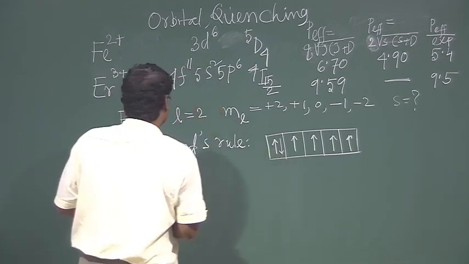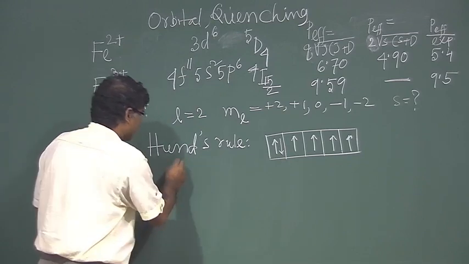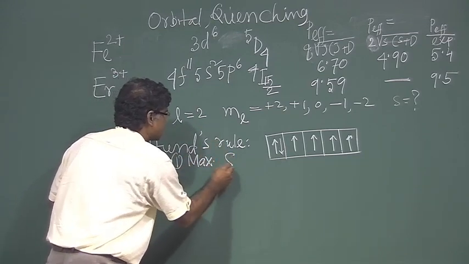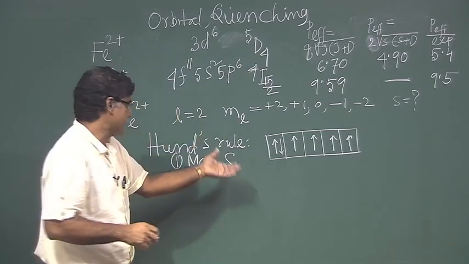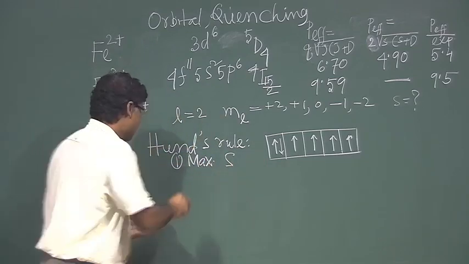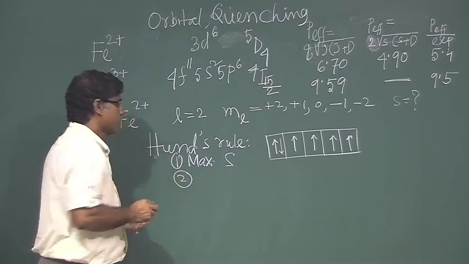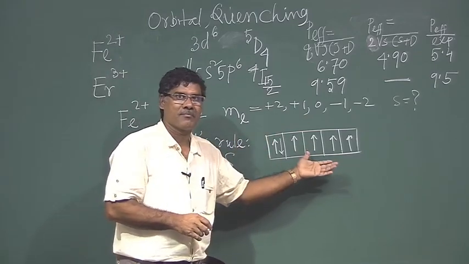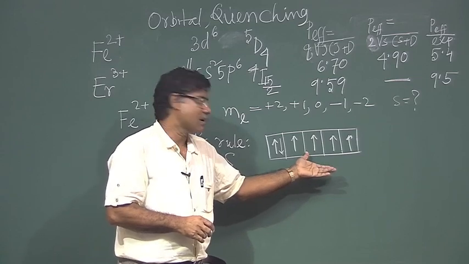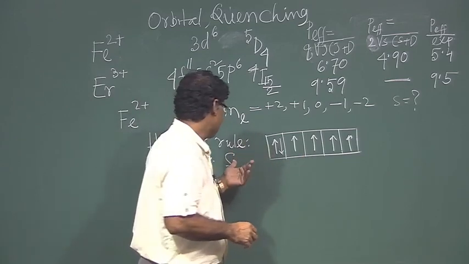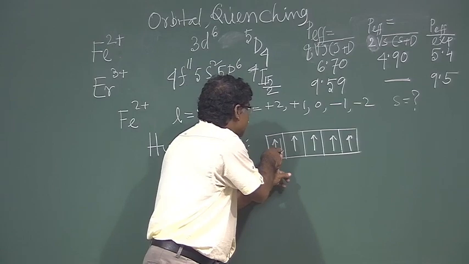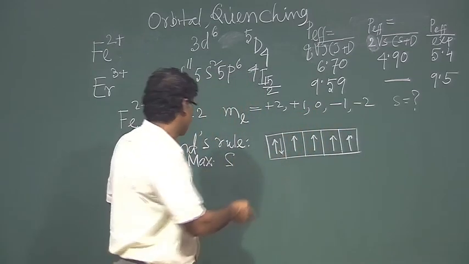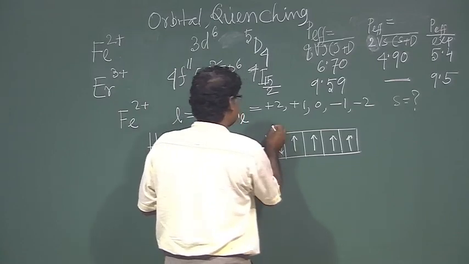Okay, so where to put this one? Then the second law tells. So, this first law is to maximize S, you put in such a way that S will be maximum. Then the second law is telling, after keeping S maximum, I can put this one here, right, anywhere I can put, but the second law is restricting that one.